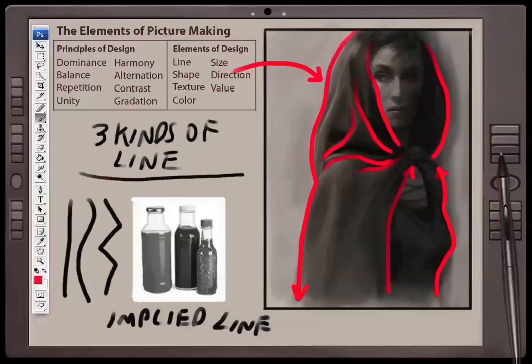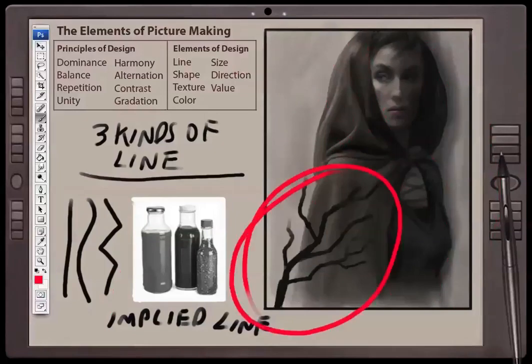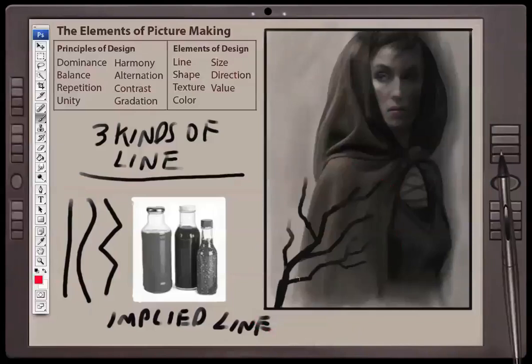So when you have objects within your composition, such as these branches here that look like actual lines, those kind of objects direct the viewer's eye, like these branches directing the eye upward like that and toward the figure.